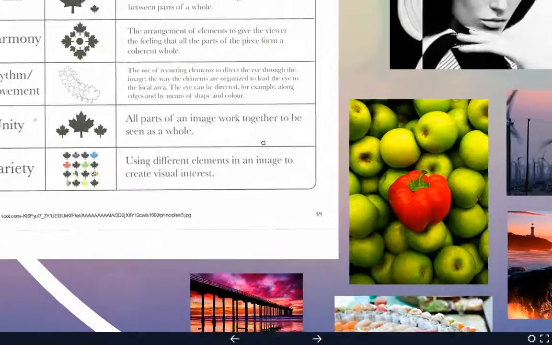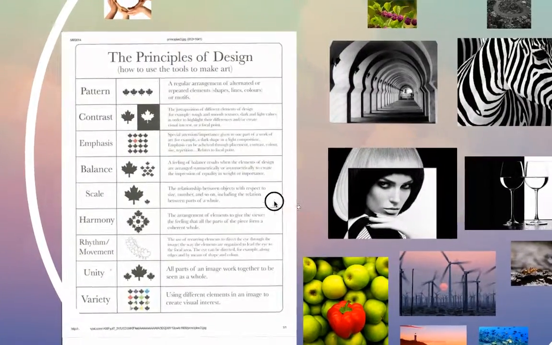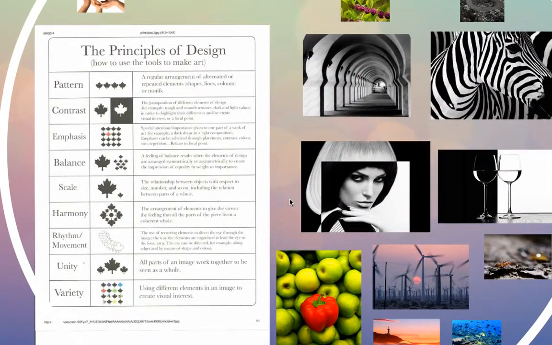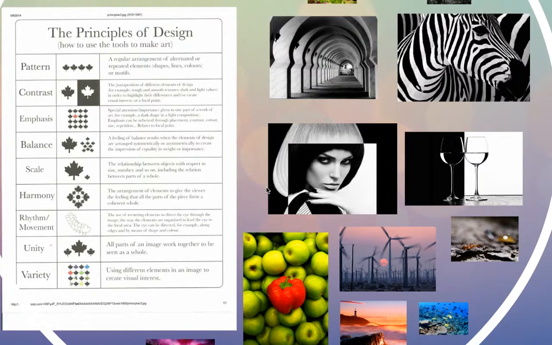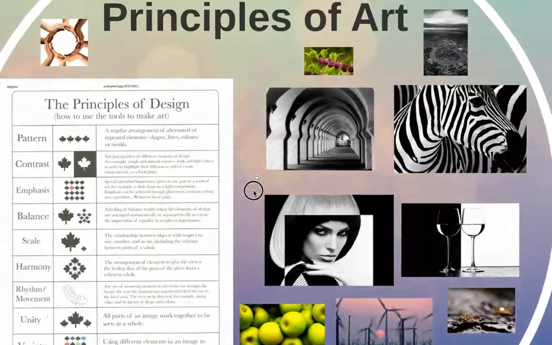So again, these are a little bit more difficult to master effectively than the elements of art, but they can help you make intriguing images when you start to use them.